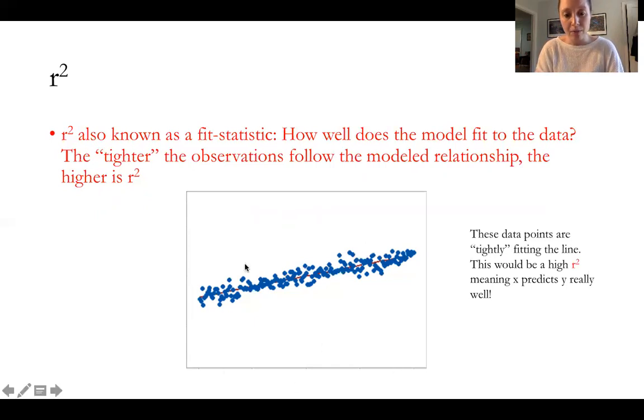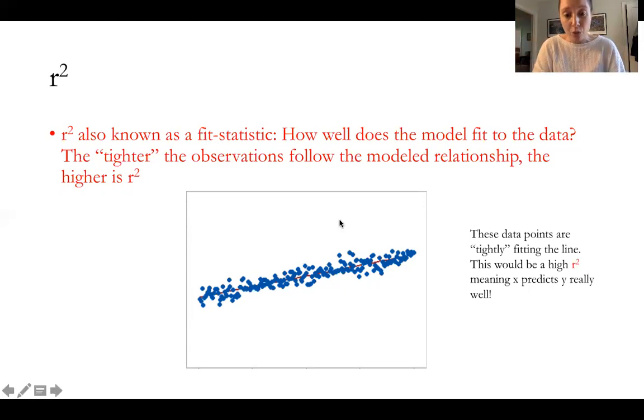So down here is a picture of an example. If our dots were all really, really close to the line, they are fitting the line really, really well, that means that our independent variable, prior convictions, is really, really explaining why people get the prison sentence length that they do. That R-squared is going to be really high.